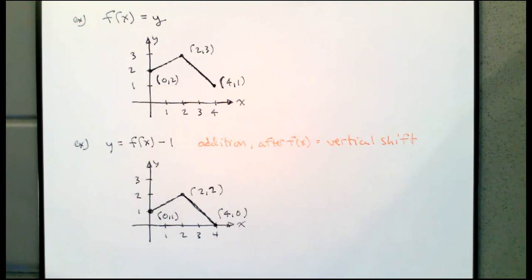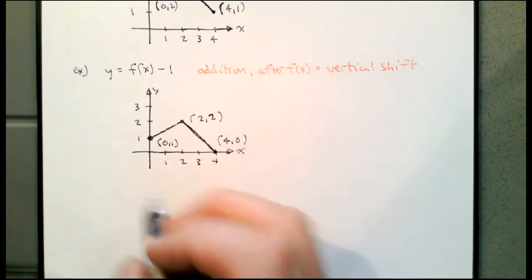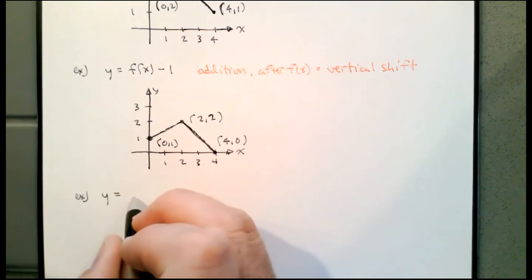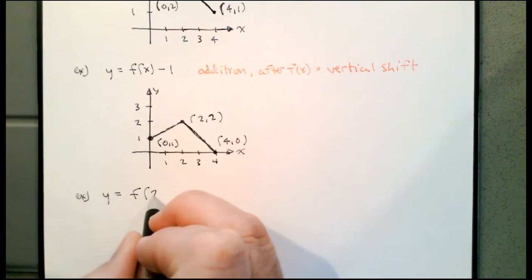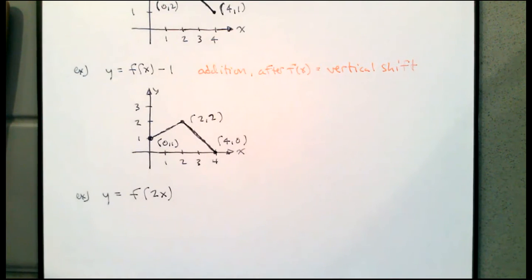Let's look at another modification. Let's suppose that we have y equals f of 2x. So we're changing the function by multiplication, and this multiplication is happening before the function.